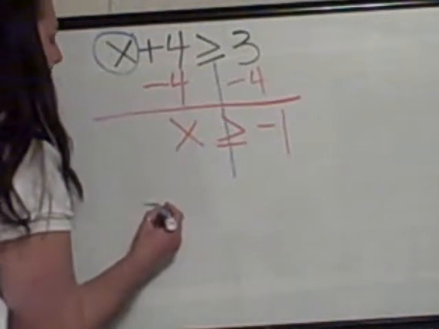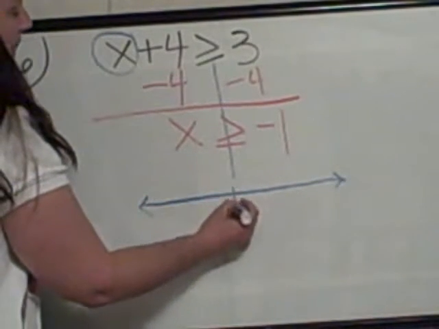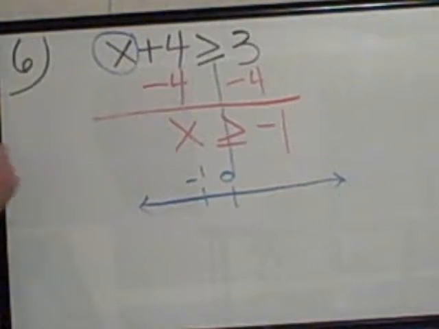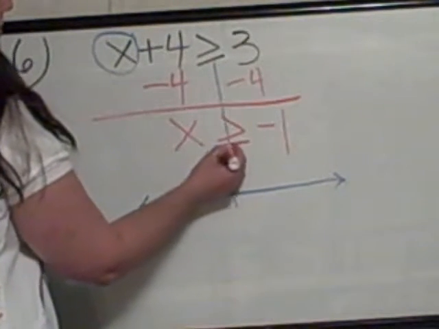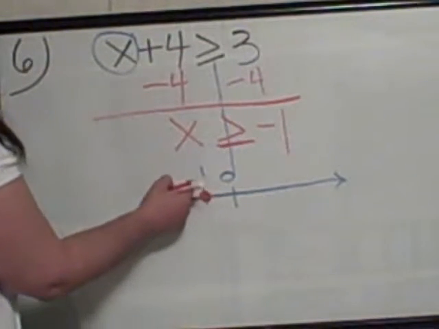On my number line, we also had to graph this. I put 0 in the middle. Negative 1 is over here. Recognizing that this has an equal sign attached here, I draw a closed circle at negative 1.